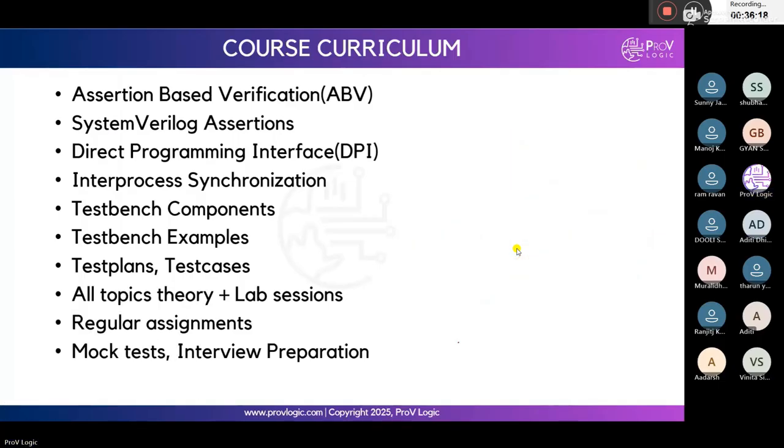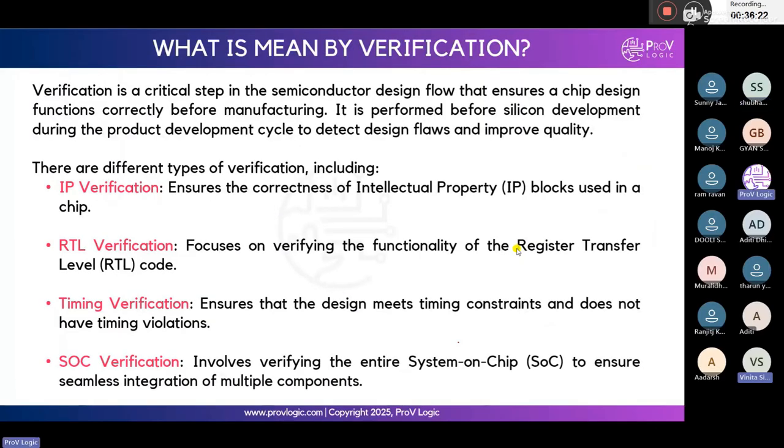One thing, Prasanti, you mentioned IP verification and RTL verification, two types. So RTL verification is a part of IP verification, right? Actually, in an IP also we will have separate blocks. Suppose a router project is there.